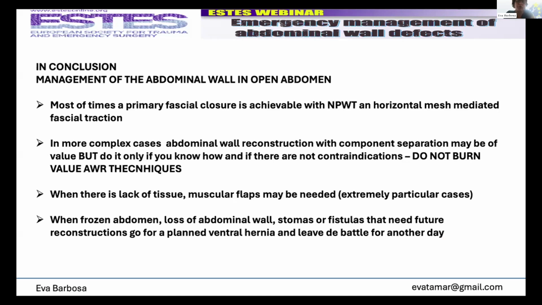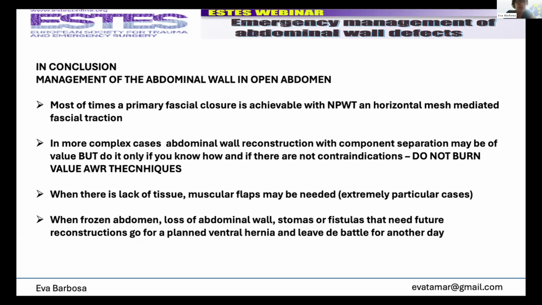Do not burn valuable abdominal wall reconstruction techniques, because that will be a disaster in the future if it fails. When there is lack of tissue, muscular flaps may be needed, but that's in extremely particular cases. I do not advise it in the very sick patient unless you do not have any alternative, as you've seen in these patients. So it's not something that I advise.